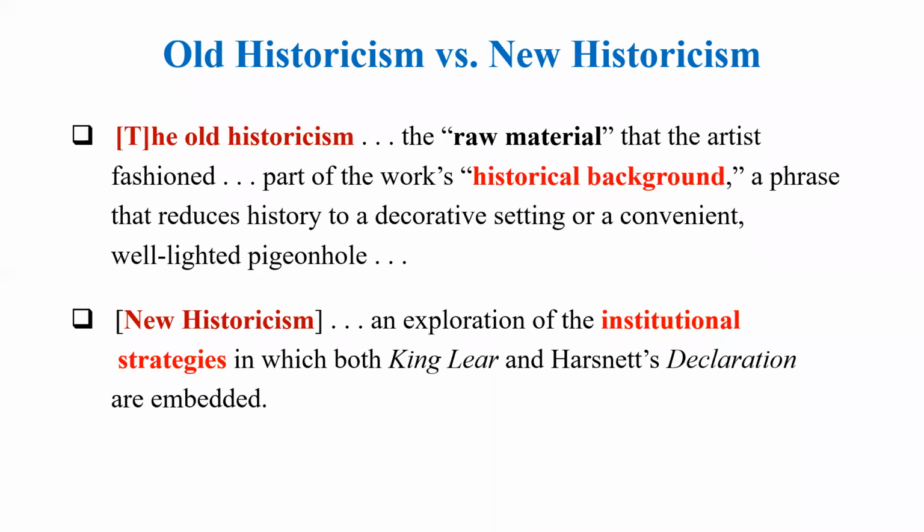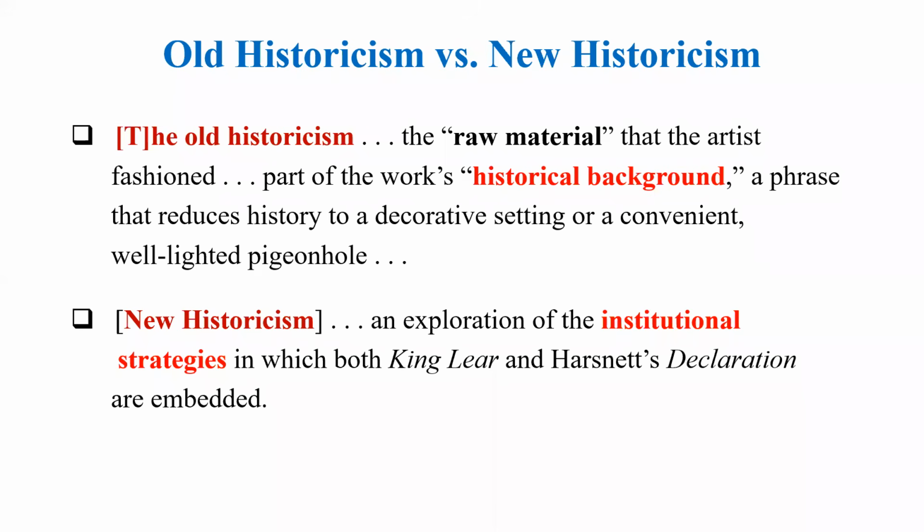Dickens wrote A Tale of Two Cities, whose background is the French Revolution. Now you can do a parallel reading of A Tale of Two Cities and Thomas Carlyle's French Revolution. If you do that, then that will be a new historicist reading. I hope you get the perfect example. So A Tale of Two Cities is a literary text, and Thomas Carlyle's work, The French Revolution, is a non-literary text.